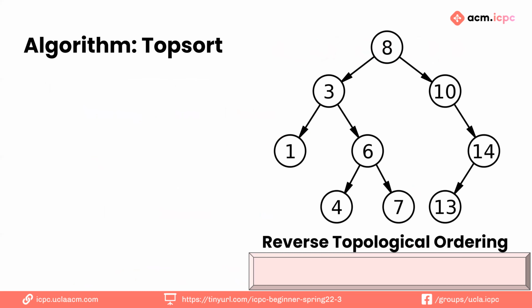All right, then let's see how we do topological sort. Here we have a directed tree, which we claim to be a DAG. Let's see how we can come up with the topological ordering of this tree.